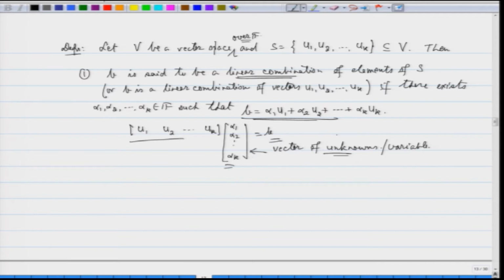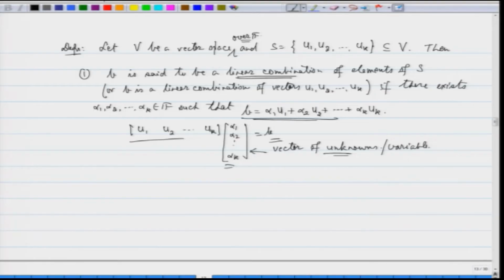So, if I am able to solve this system, if there is a solution, then we say it is a linear combination, otherwise it is not a linear combination. So, it is important for you to see that I am writing a matrix coming from U1, U2, UK. U1, U2, UK need not be elements of Rn, it could be polynomials or any set of vectors that you are looking at, I can write them in terms of a matrix. So, here my columns are those vectors. Is that okay? How they look is immaterial, they could be functions, they could be polynomials, but I am writing it in that form, fine.